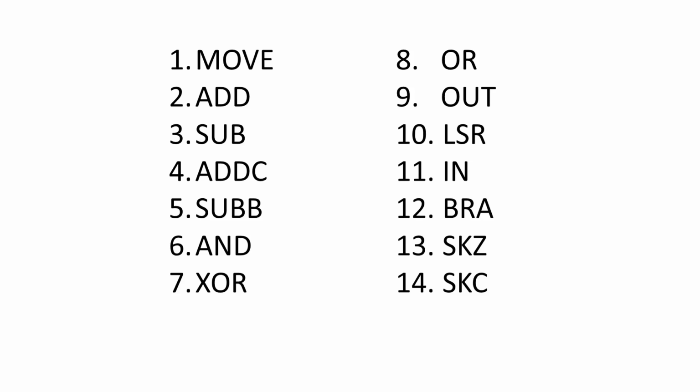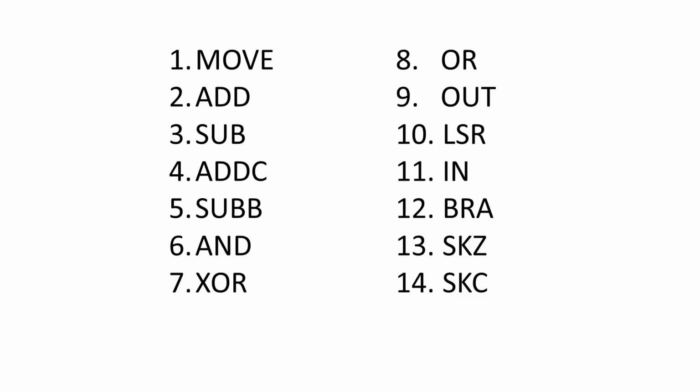Then there's logical shift right, which shifts a value to the right, and if it overflows out the bottom bit, it goes into the carry. There is no logical shift left because you can do that with just a simple add to itself. The in command is for bringing stuff in from an I/O device, like the keyboard. Then there's branch, which is branch to wherever you want in the memory.